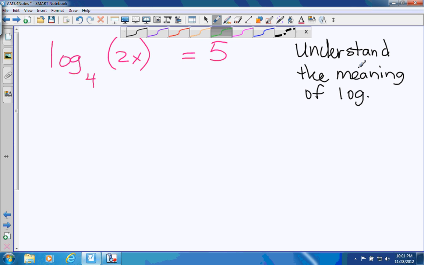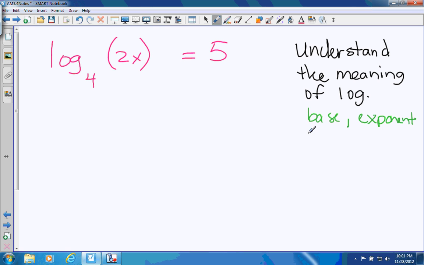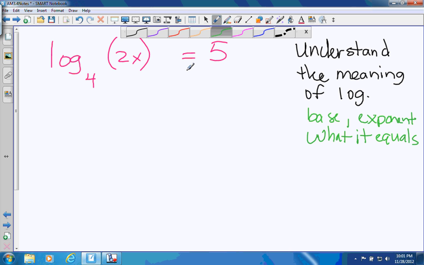And by that I mean knowing what the base is, where your exponent is located, and what it's supposed to equal. Because when you have it with just one logarithm, you need to rewrite it as an exponential equation.